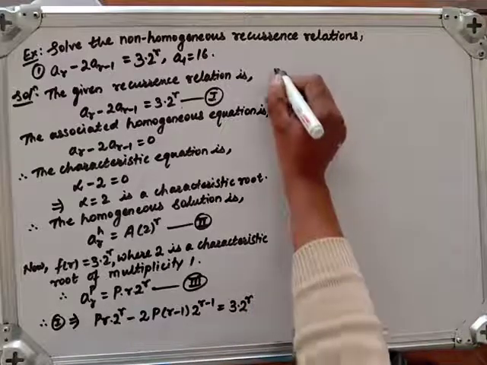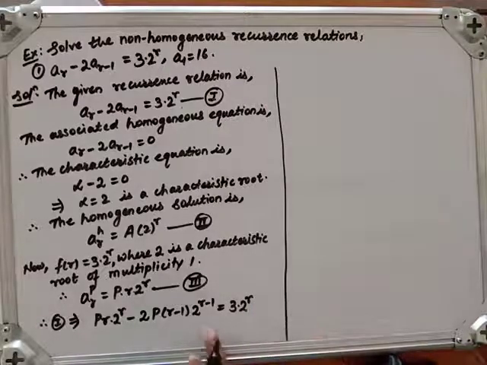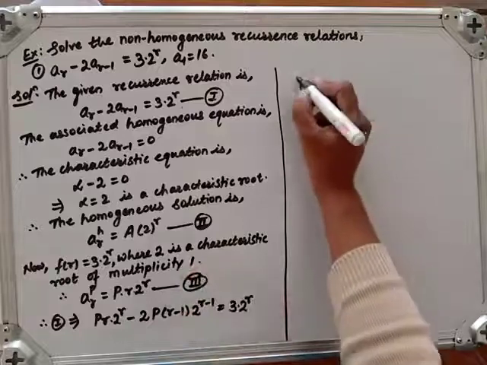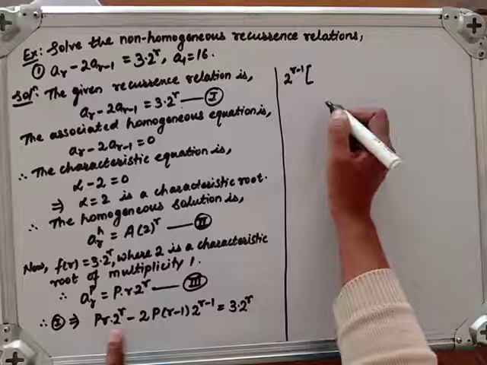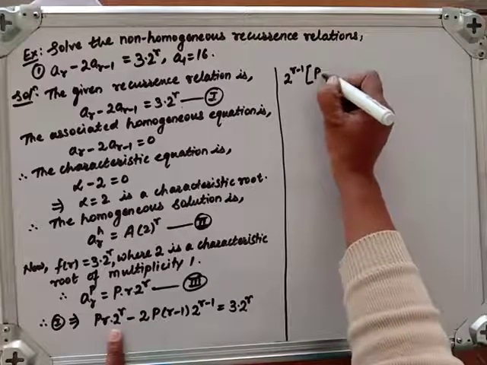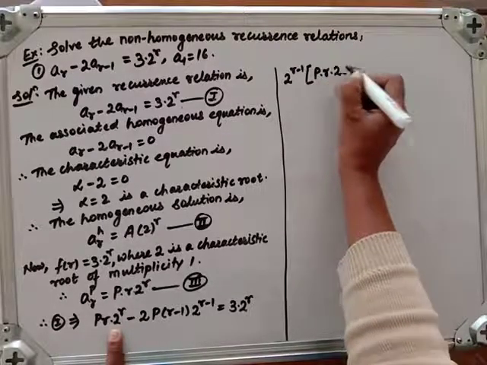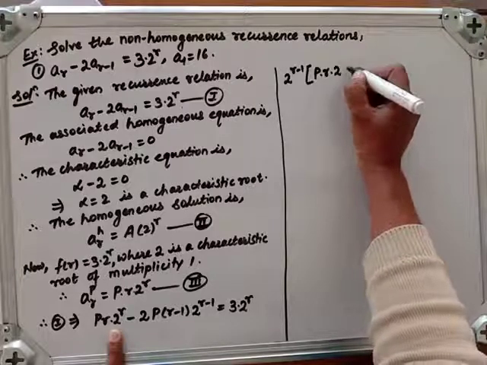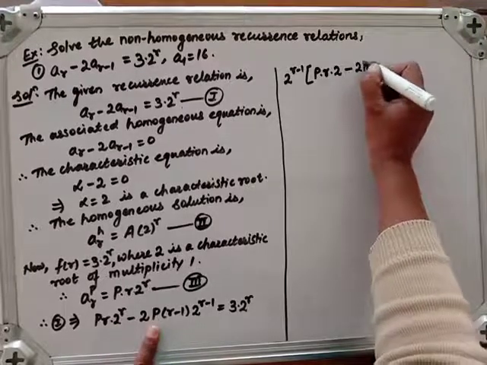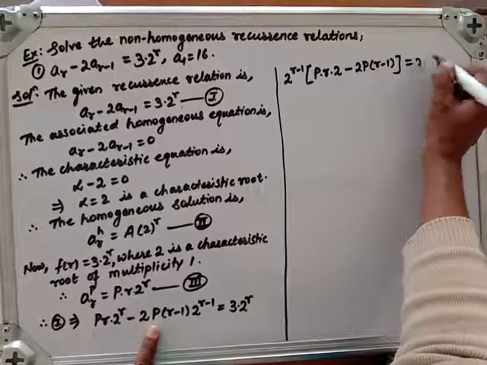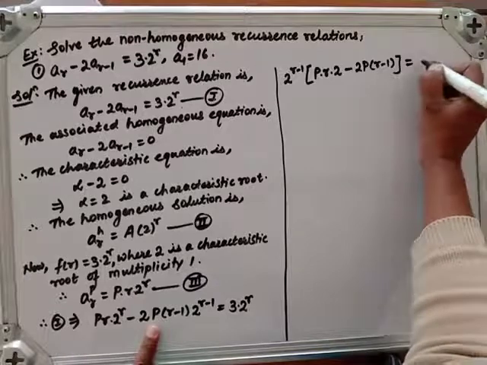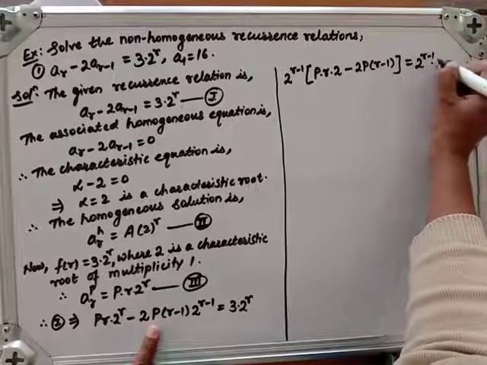Fine. Now here again, like in the previous example, this 2 raised to r minus 1 is the least one. We will take that common. So we get 2 raised to r minus 1 common, and what is left here is P into r into 2 minus 2P into (r minus 1), and the right hand side I will also write as 2 raised to r minus 1 into 2.